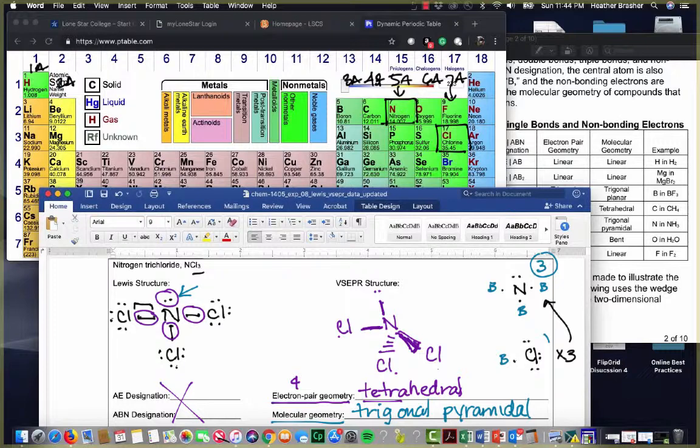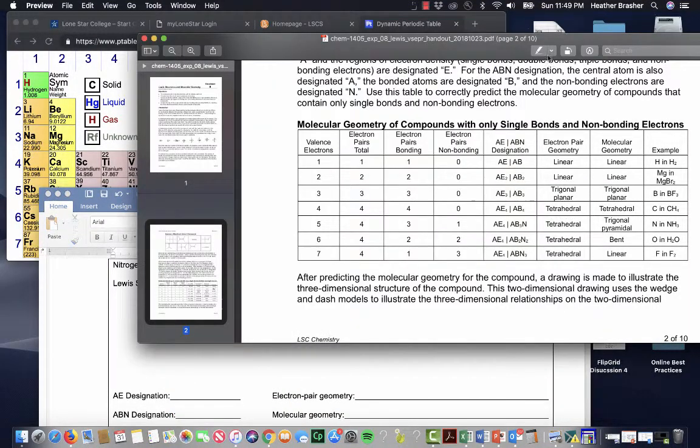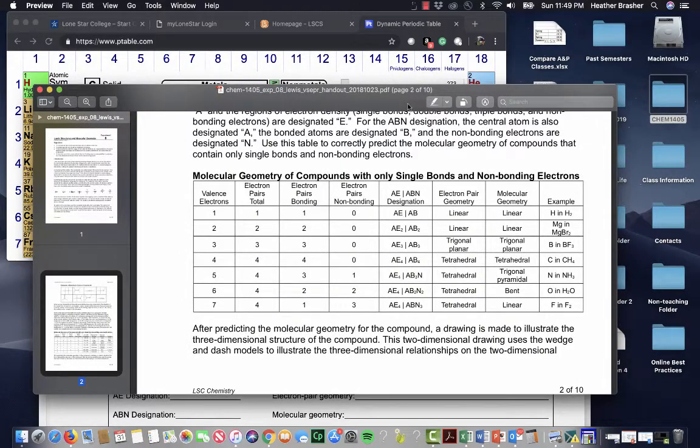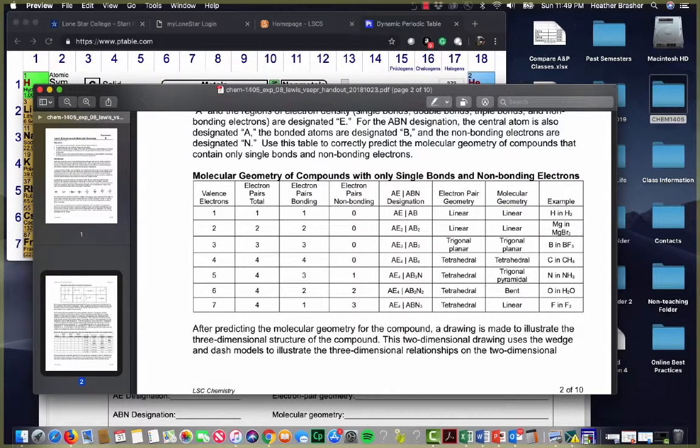Now we can check this. How you check this, and unfortunately it's going to erase what we've done here, is you go for what the central atom is. Our central atom was nitrogen and it had 5 valence electrons, so you go here. We had 4 electron pairs, those are the actual electron pairs. 3 sets were actually bonding, so those are the lines between the atoms.